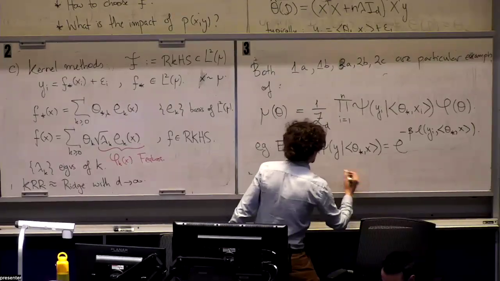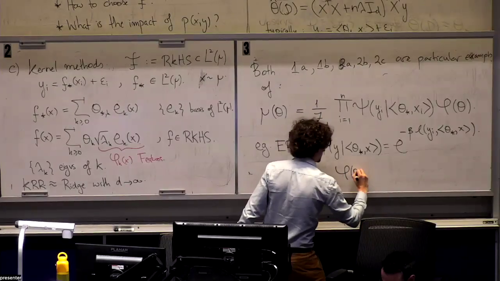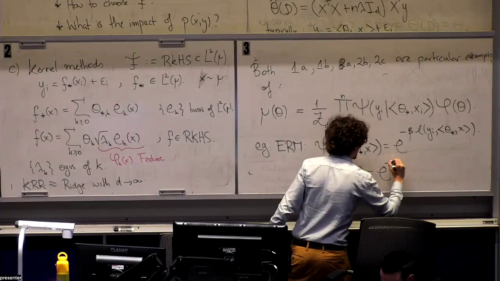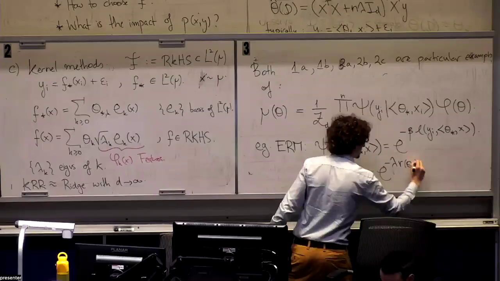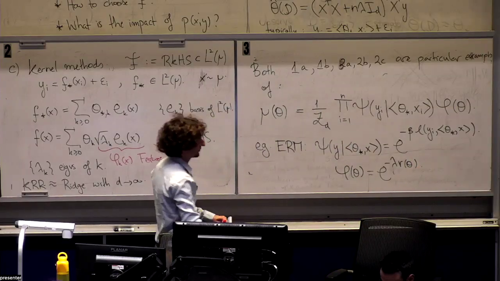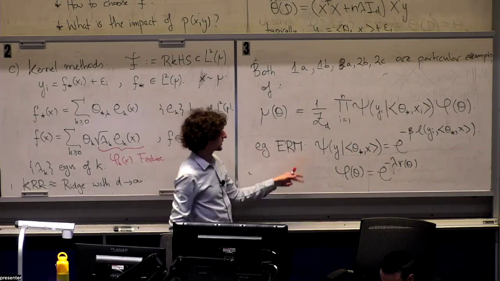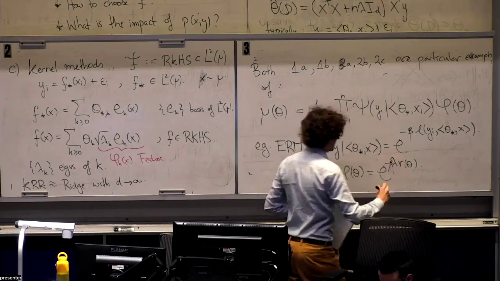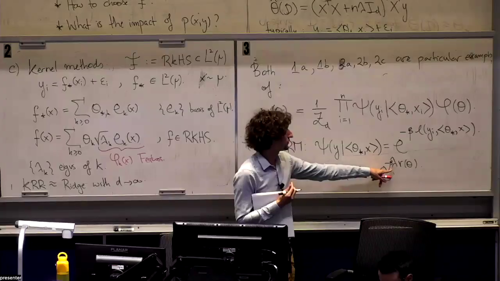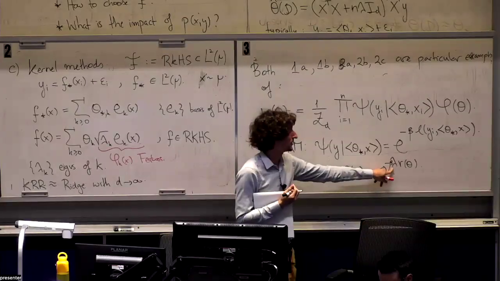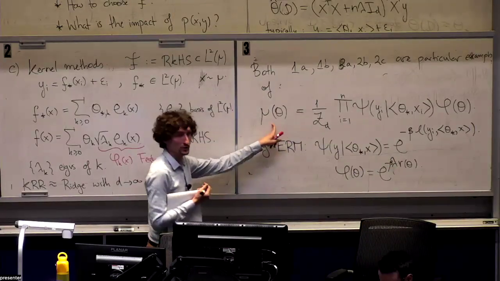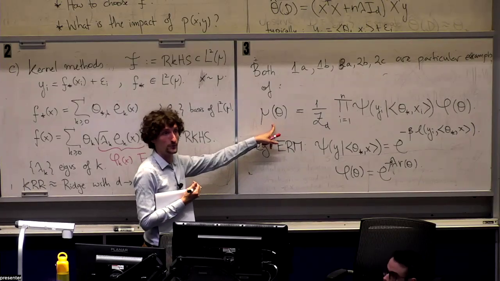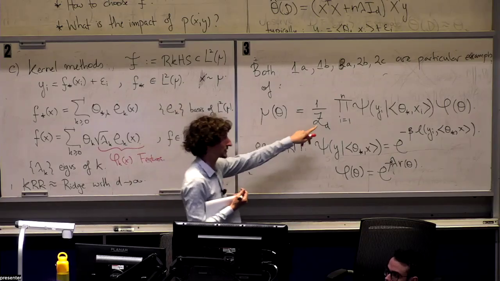And phi of theta is going to be exponential of minus lambda r of theta. And as we said before, when beta goes to infinity, I forgot the beta here, very important, when you look at zero temperature, this measure is going to peak on the solutions which are the minimum of whatever is in the exponential.